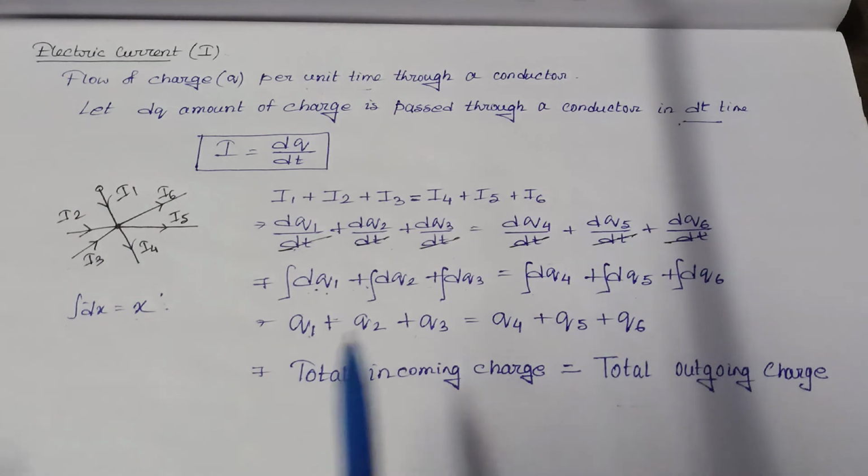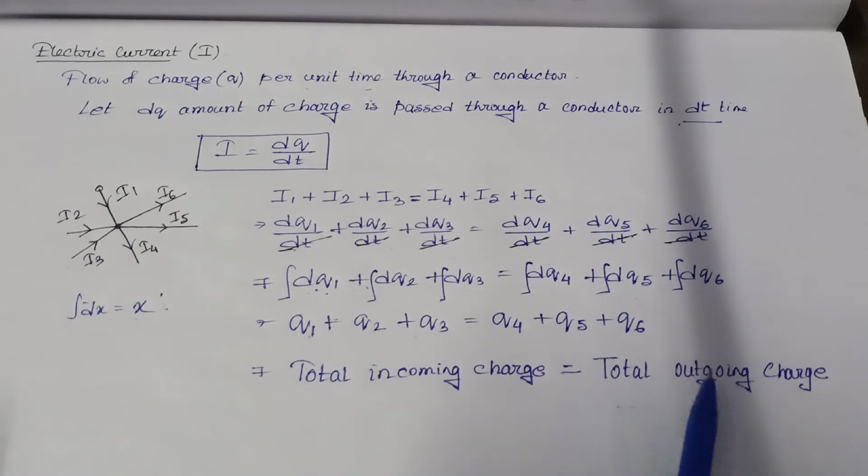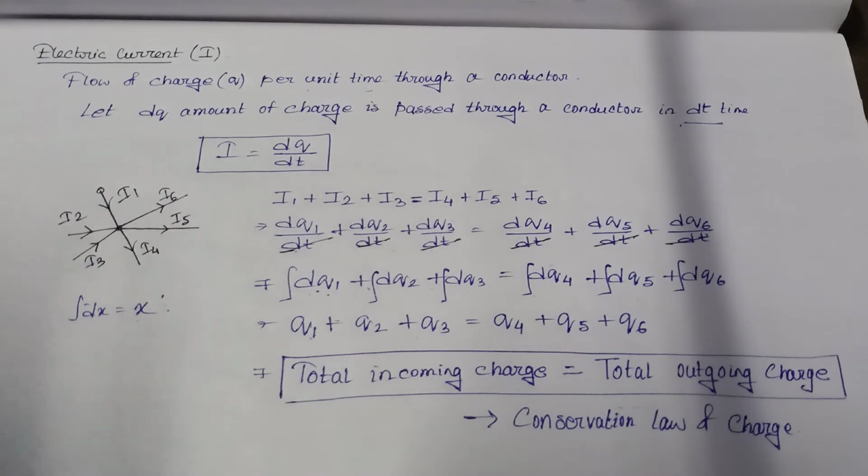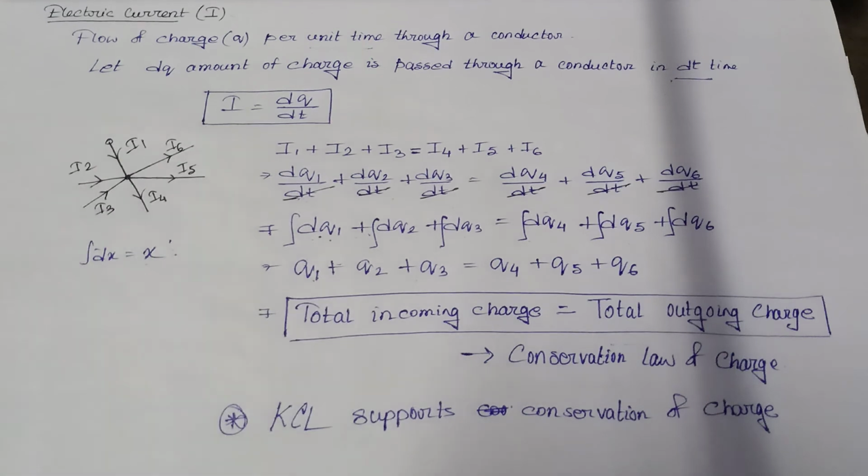So total incoming charge is equal to total outgoing charge, and it is the conservation law of charge. This is the conservation law of charge, which means KCL, Kirchhoff's current law. KCL supports conservation of charge. So this is the concept of KCL.